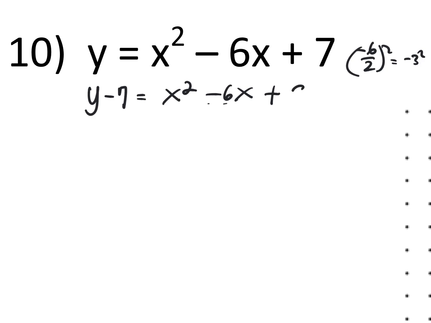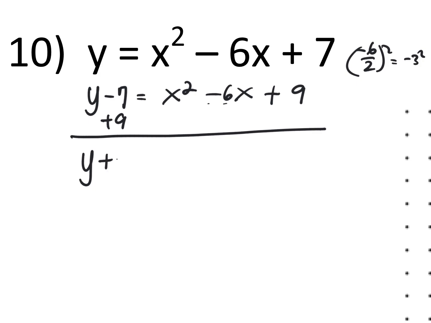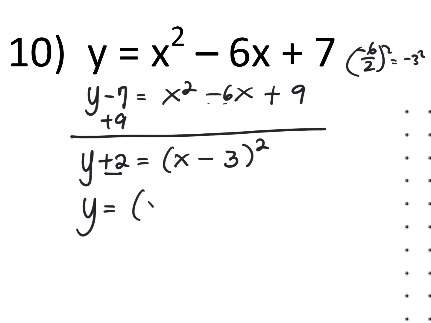That's going to give me 9. So this is going to give me also plus 9 on the other side. Therefore, y minus 7 plus 9 is going to give you y plus 2 is equal to, the factored form here is x minus 3 squared. Then finally, we're going to transpose the 2 on the other side. That's going to give you x minus 3 squared minus 2.